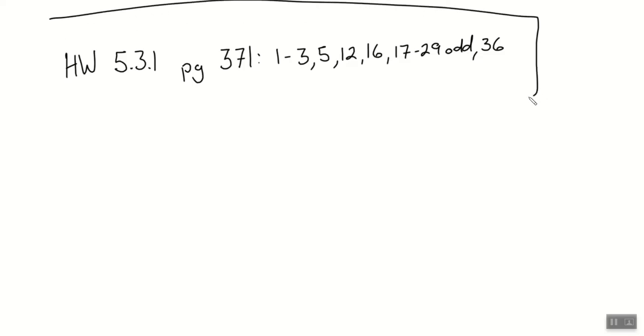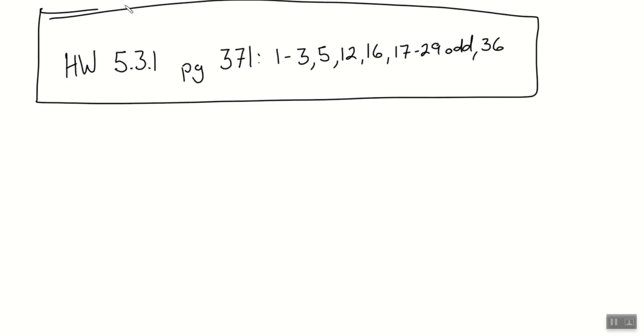I want you guys to do problems 1 through 3, 5, 12, 16, 17 through 29 odd, and 36. Cool. All right. Do it to it. You guys got 5 minutes. We can get started on it.